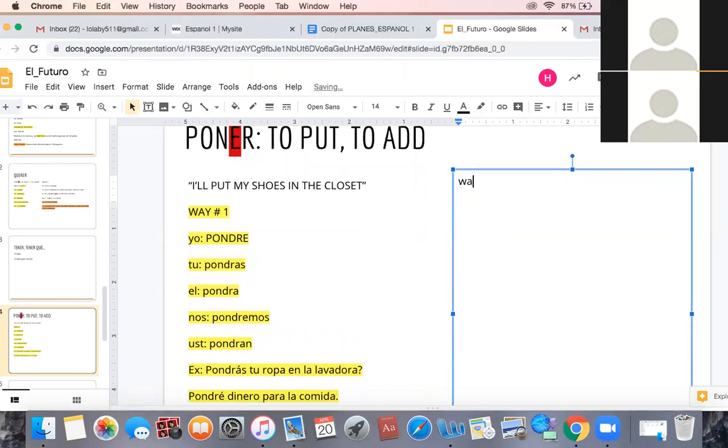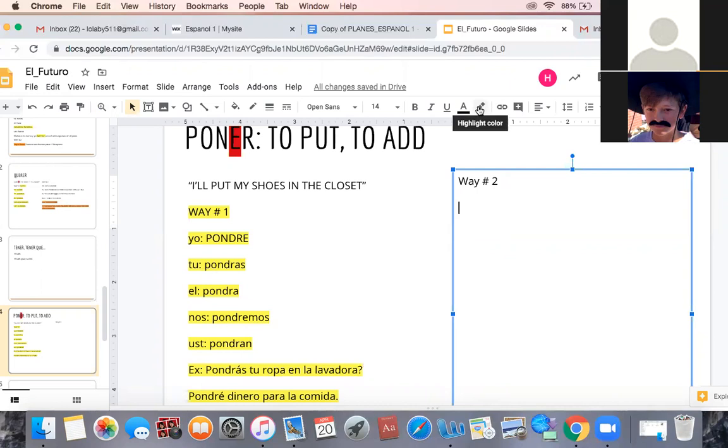Way number 2 is different, but not different than the ones we've done. Make sure you're taking notes as I am going. ¿Cómo le hacemos? Otra vez. Yo voy a poner. Tú vas a poner. And él va a poner.